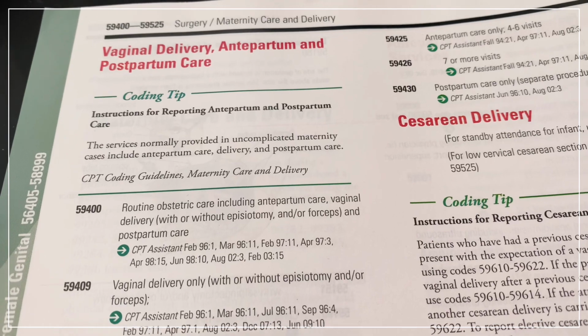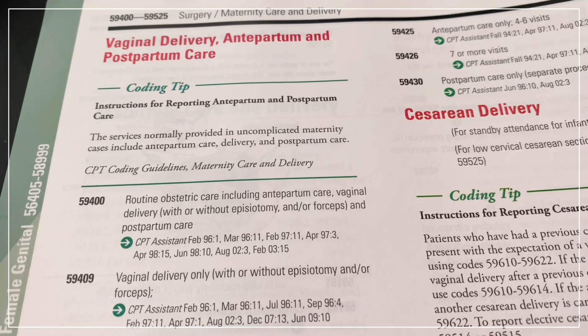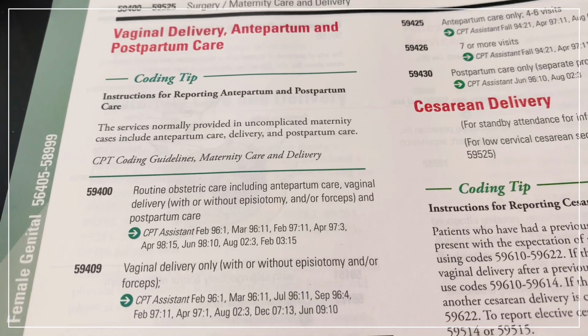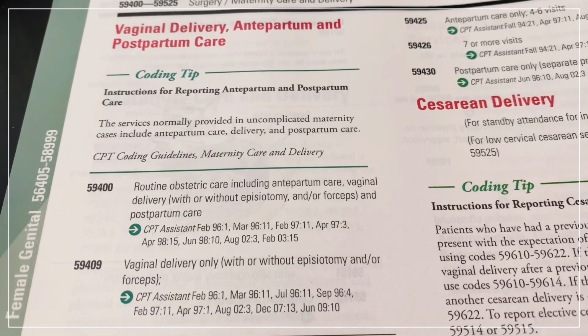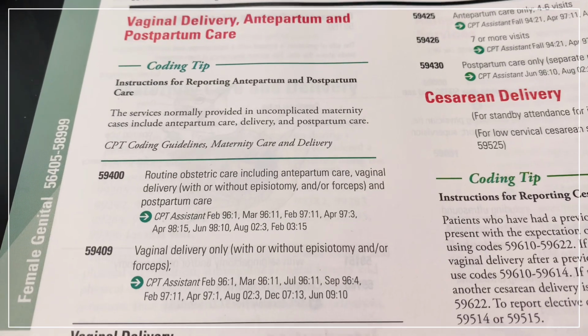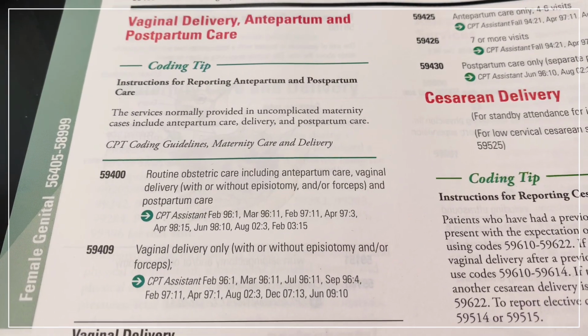We reported the tracking code, the 0502F, and I think that's a category 3 or category 2 code, one of those. I can show you guys in a second. But that's the code that I'm billing for this delivery, 59400.